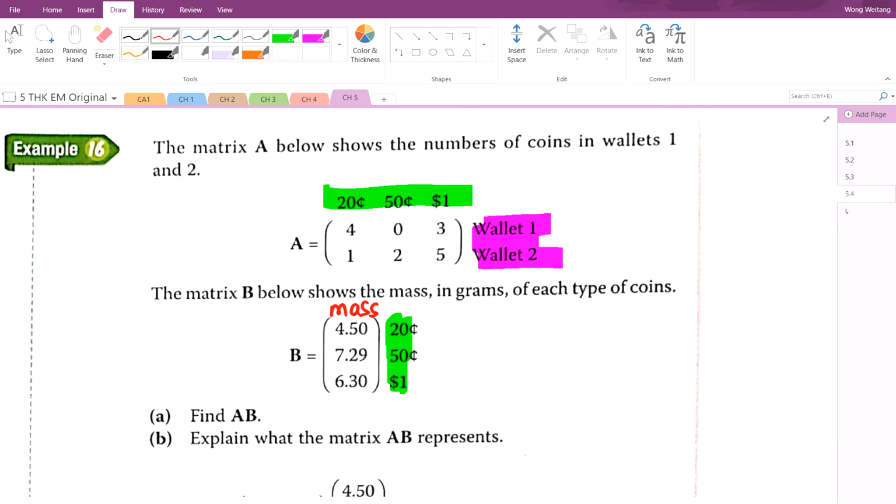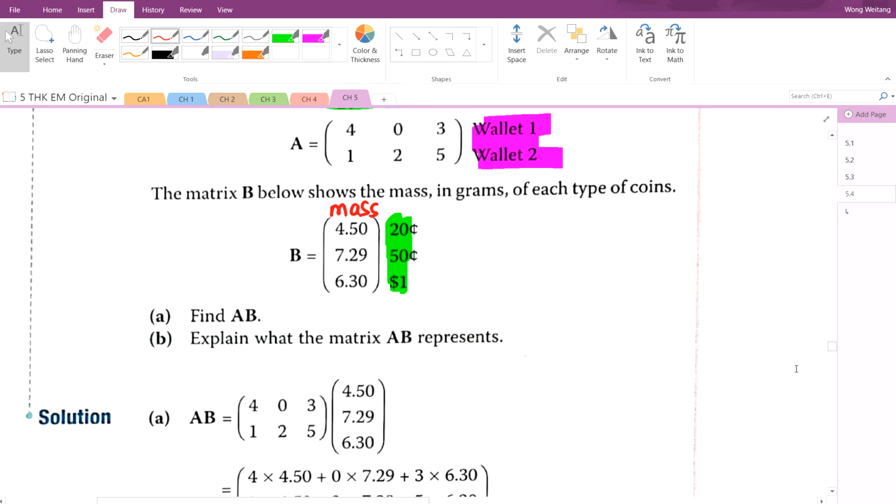Very important in helping you identify what the final matrix is about. Okay, so find matrix A times matrix B. We can do them, right? Because this is 2 by 3, this is 3 by 1. My resulting matrix will be 2 by 1. So we are expecting something here and something here.